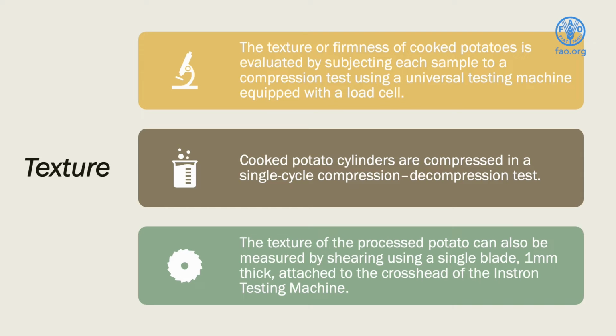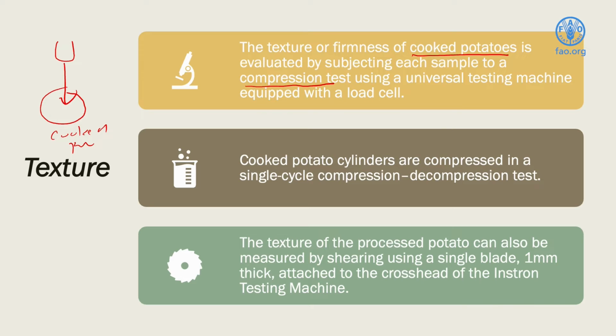The texture or firmness of the cooked potato is evaluated by subjecting each sample to a compression test using a universal testing machine equipped with a load cell. So simply, this is cooked potato and the load cell compresses this potato, and we can determine the firmness of the sample.